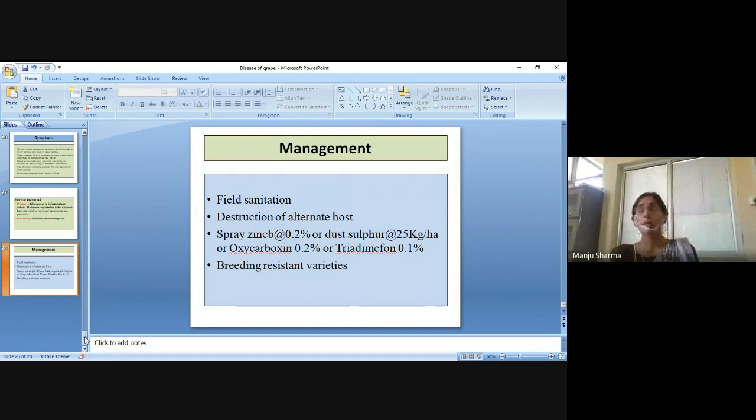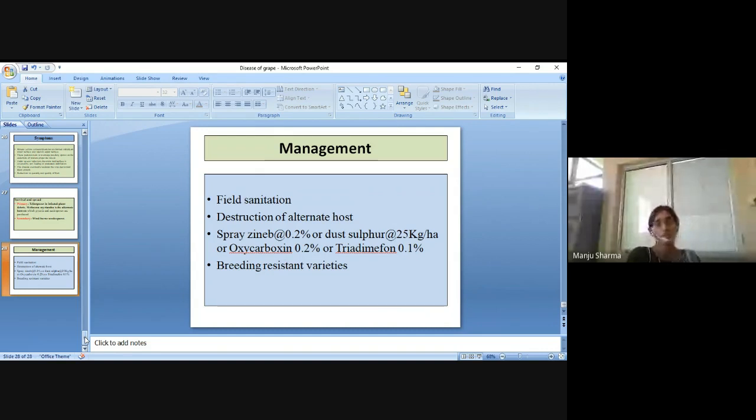Because if we are not rotating the crop year wise, the fertility of the soil will continue to decrease. If we apply crop rotation, then we can fulfill the requirement of nutrients, and the soil will be healthy.